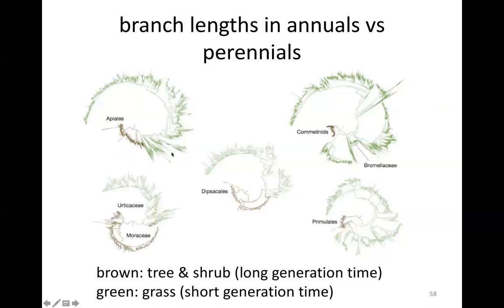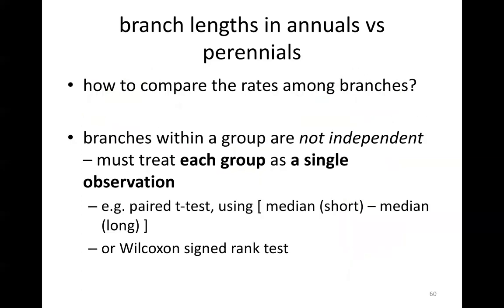Evolutionarily related species cannot be treated as statistically unrelated. They are related, right? And so the properties of one species will be found in the properties of another species, another lineage. So we cannot treat them as independent samples.